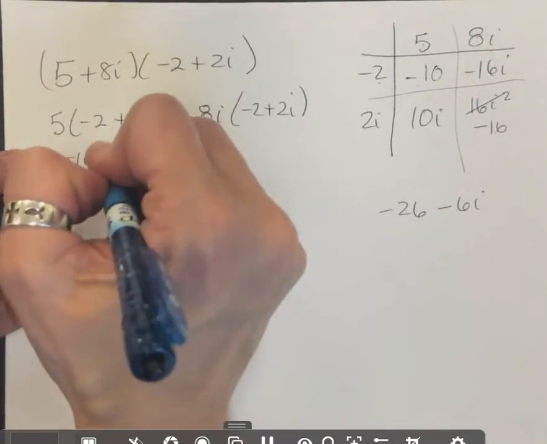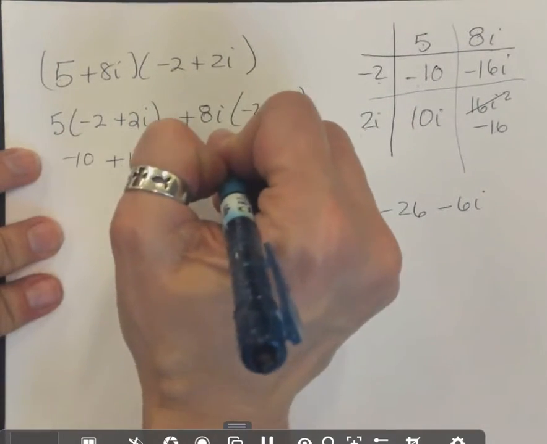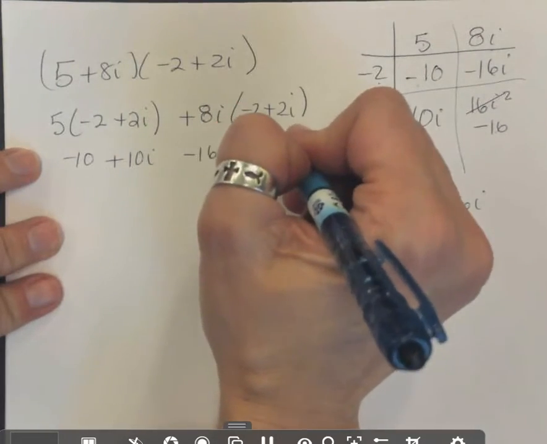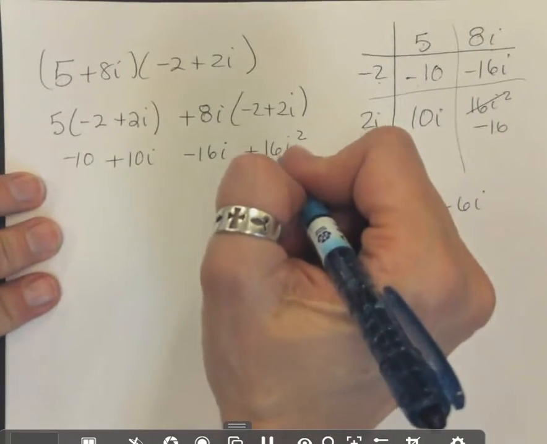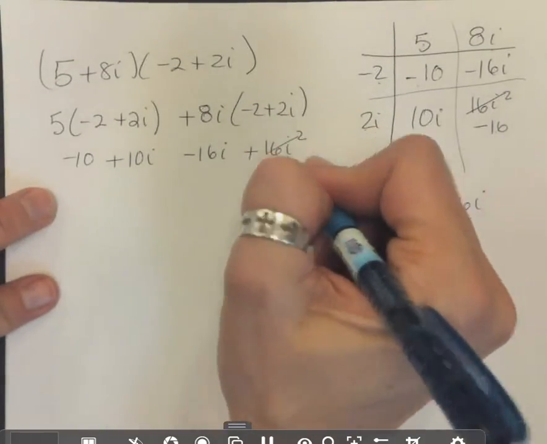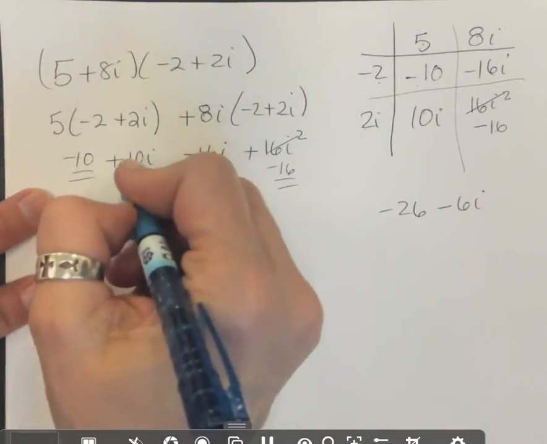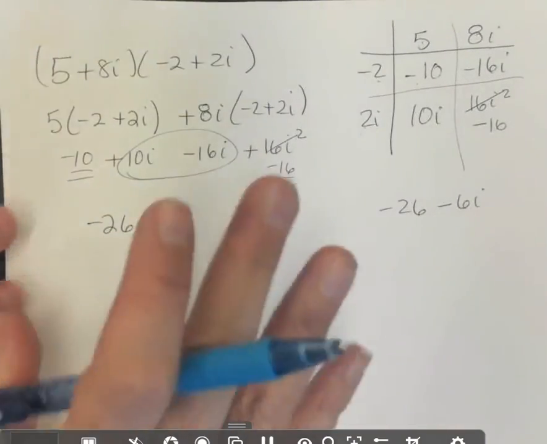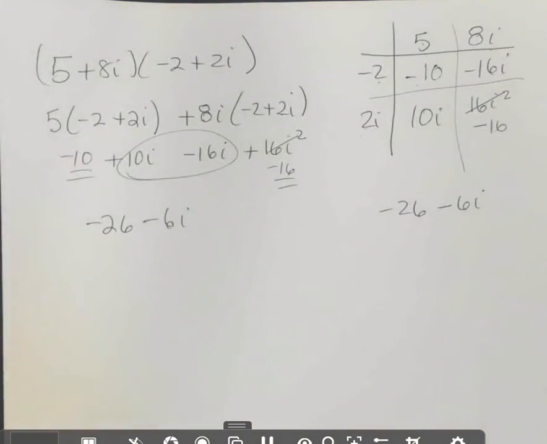Negative 10 plus 10i, negative 16i, plus 16i squared. This really becomes negative 16. So that's how we multiply and add imaginary numbers.